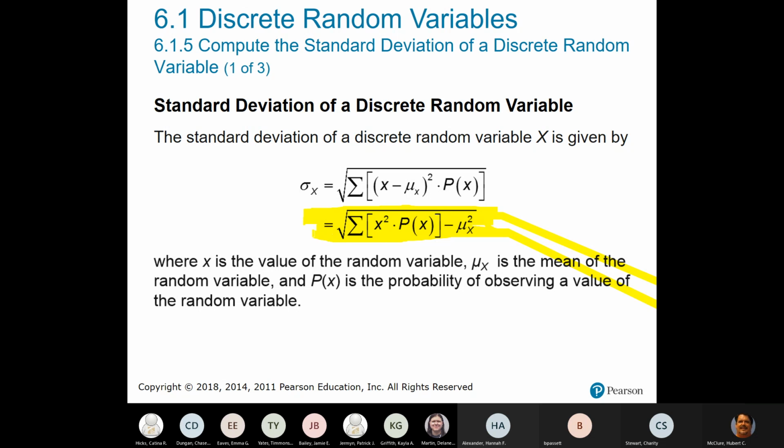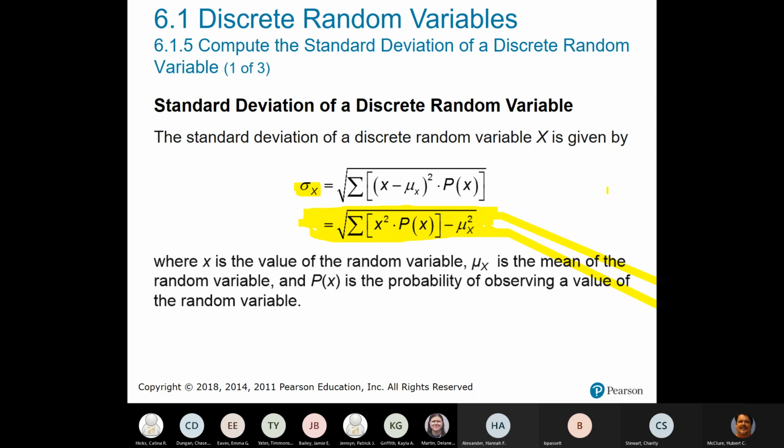This computer, when I get to the edge, it just takes it down to the right. Okay? So standard deviation is equal to the summation of x squared times p of x minus mu squared.